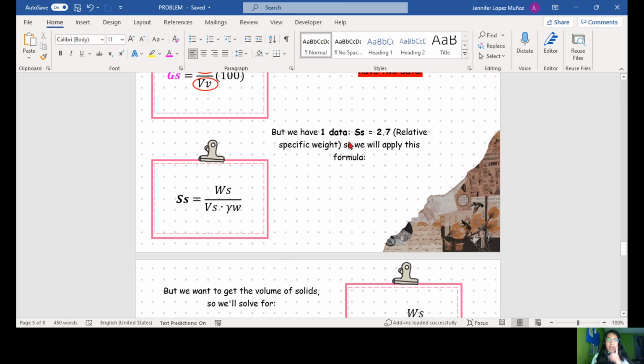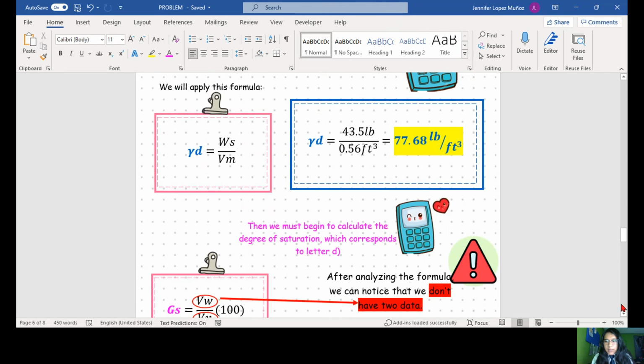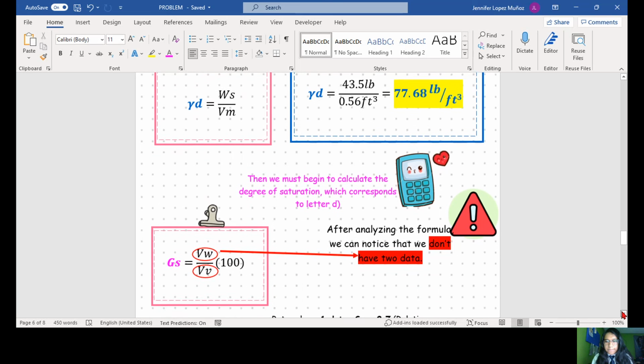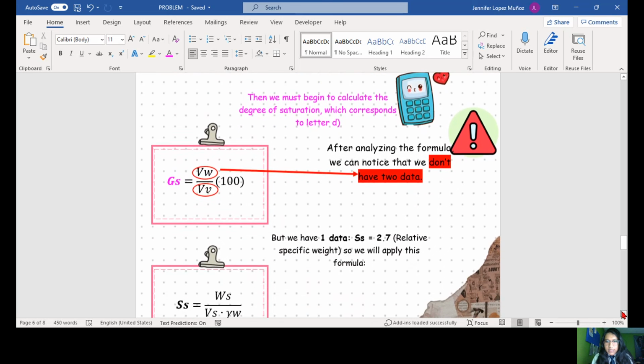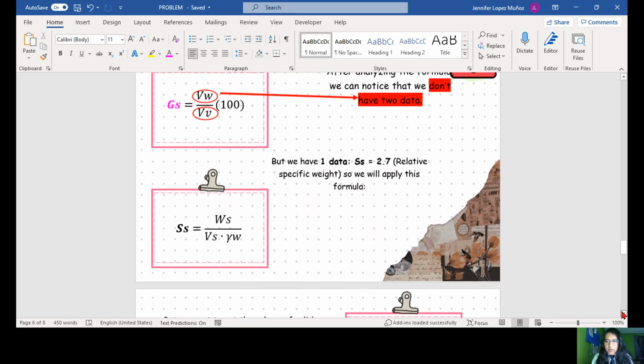But we have one datum corresponding to the relative specific weight of solid, which is equal to 2.7, and we apply it in this formula.